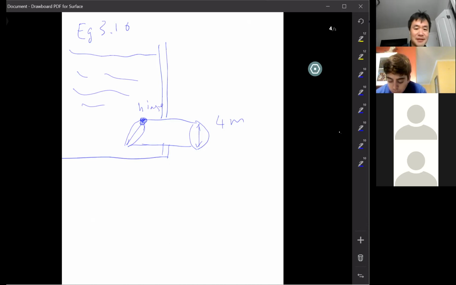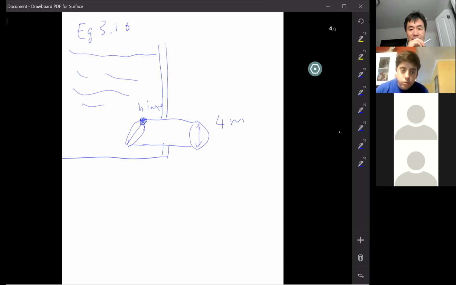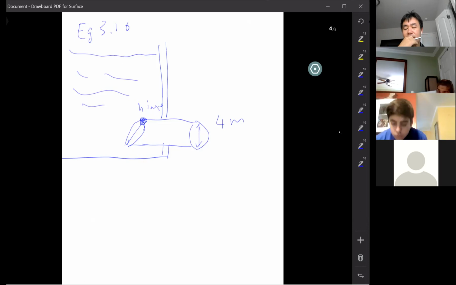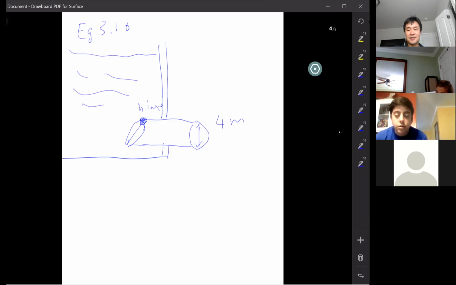What is the shape of this end and the gate? Rectangle? No, it's not a rectangle. It's a circular tube. If you cut the circular cylinder at an angle, what's the ending area?